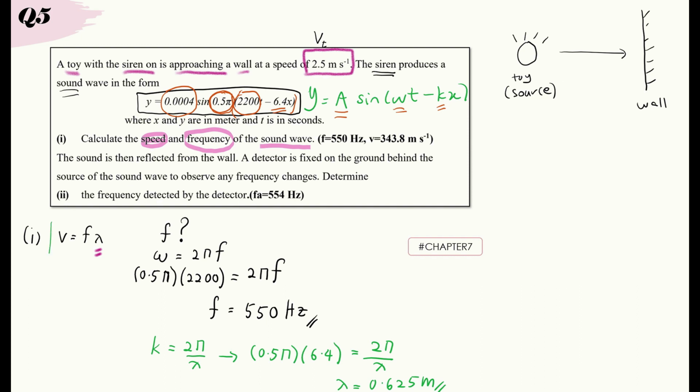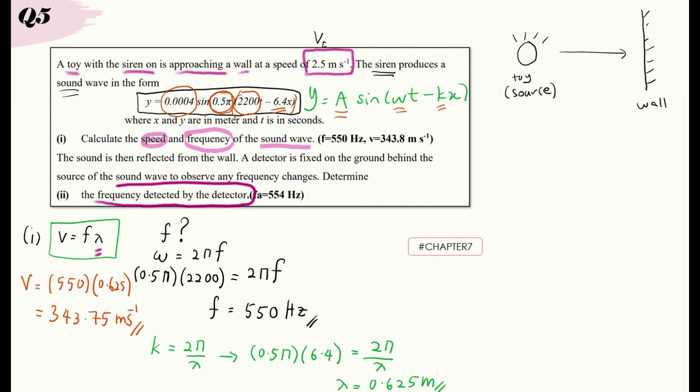So we go back to the equation v equals f lambda, with f is 550 and lambda is 0.625. Then your velocity is 343.75 meters per second.